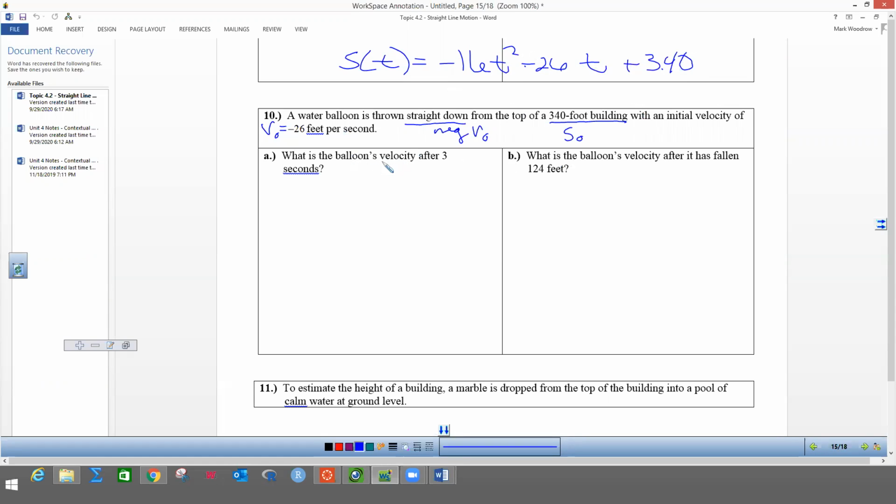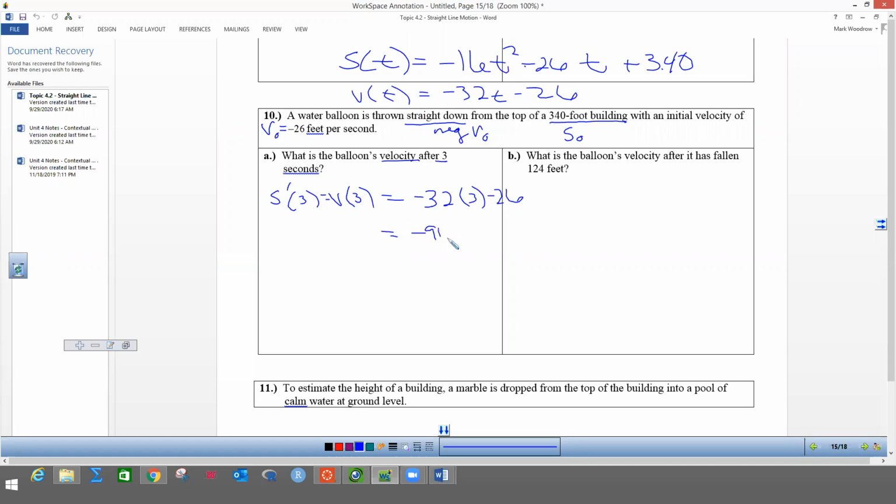Now it says, what's the balloon's velocity after 3 seconds? So we want to find v of t. We need to know that s prime of 3 is equal to v of 3. So I have to do the formula over here to do v of t. So v of t is the derivative. This is going to be negative 32t minus 26. So this is negative 32 times 3 minus 26.